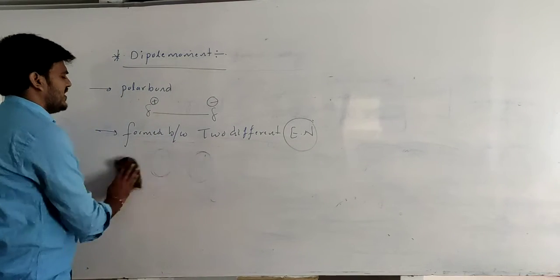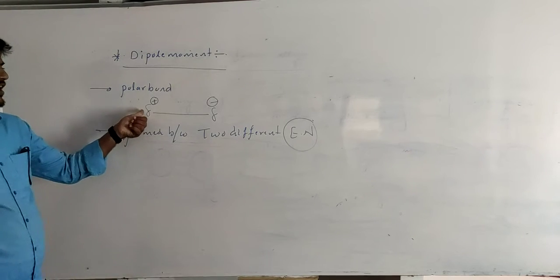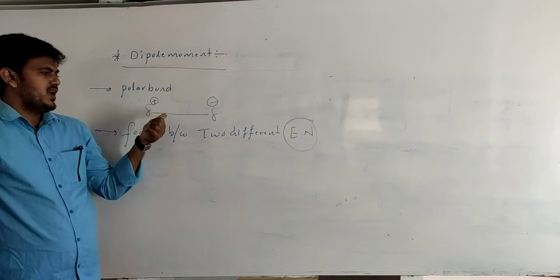So first of all, what is meant by polar bond? The bond which contains partially positive charge and partially negative charge is called a polar bond.